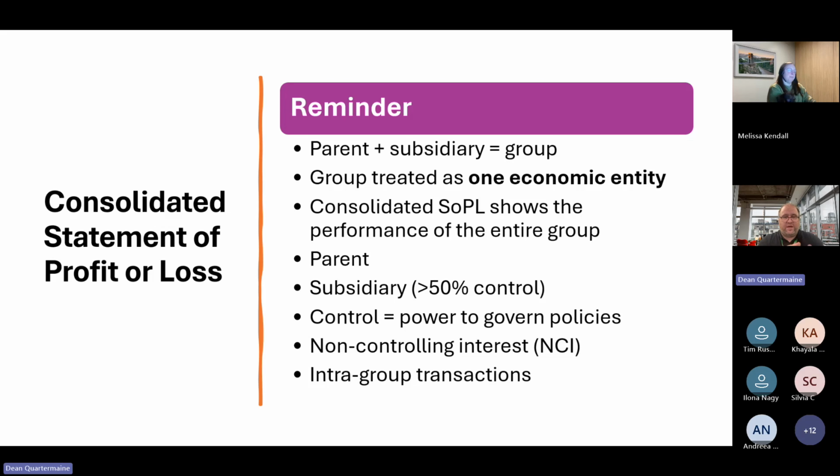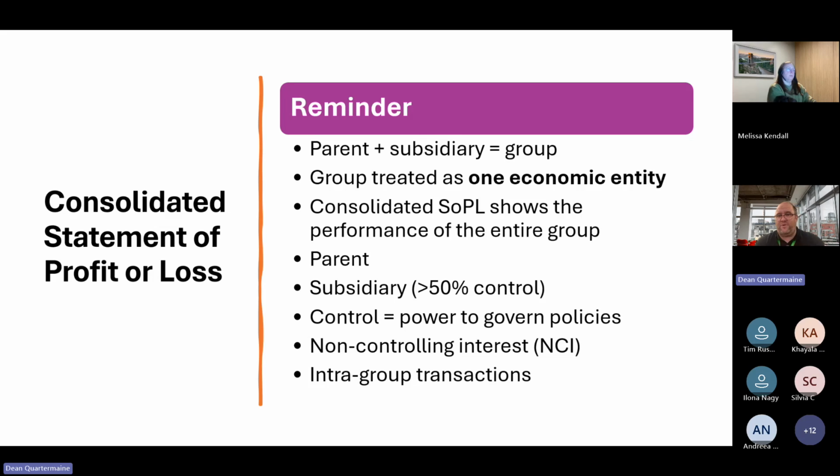Now, there's some key terms at the bottom of the page there. So, parent, ultimately, the parent is the company that owns a share in the subsidiary. So, in our example, A Limited owns 60% of B Limited.